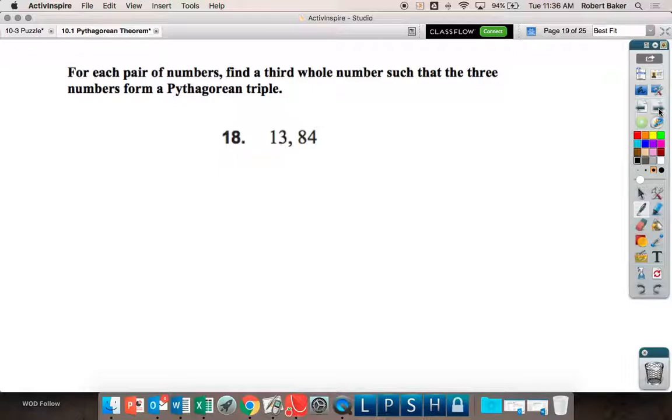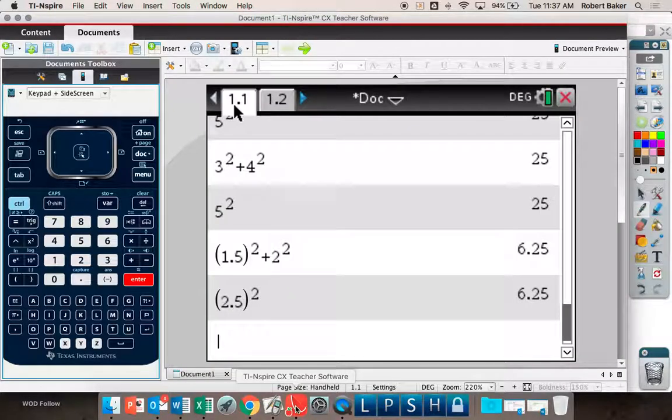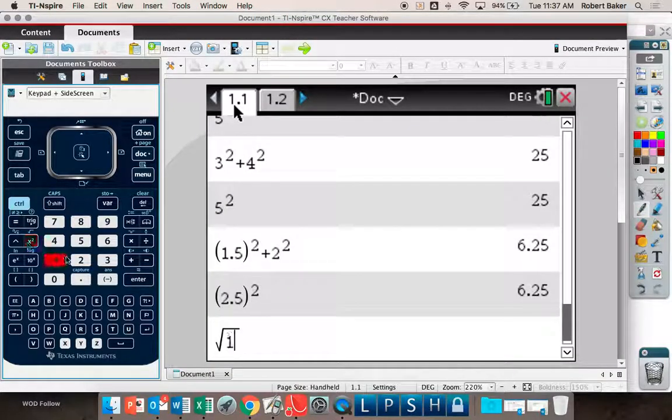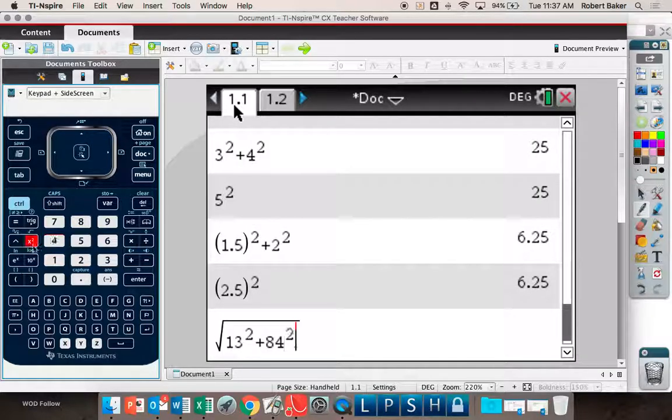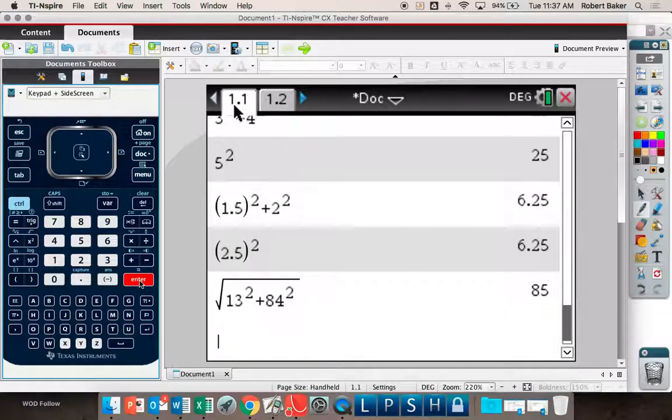We're either missing a hypotenuse or we're missing a leg. So two ways you can do this. I showed you this way earlier. You could be missing C. If you just slam that in the calculator, missing C, and it returns a whole number, you're done. The square root of 13 squared plus 84 squared. Hey, 85. Boom, I'm done.